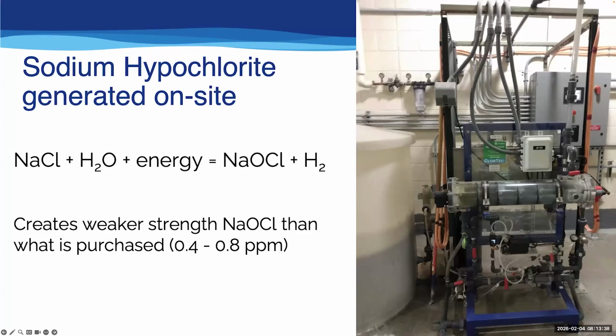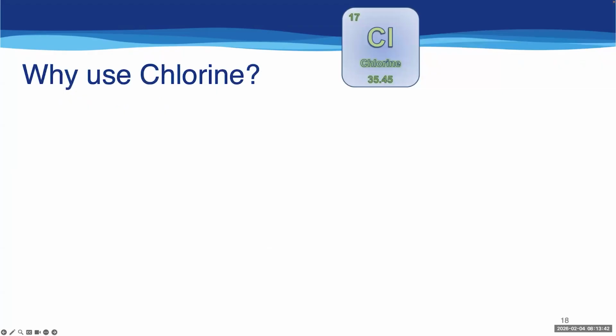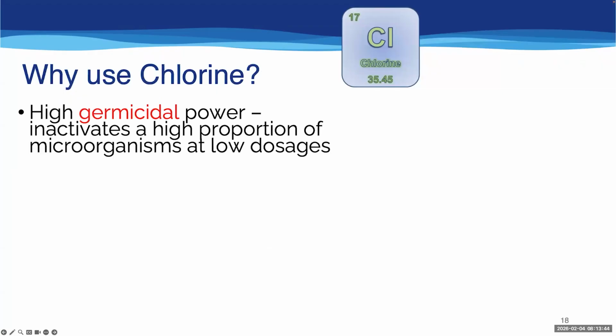for the disinfection process, which leads to the question, why are we using chlorine? And the main reason is that it's a really strong germicide. It's got high germicidal powers. It inactivates a really high proportion of the microorganisms that we talked about in the earlier slides at relatively low dosages. It's also really soluble in water, which is important because we want to mix it with the water and have it dissolve and react quickly.